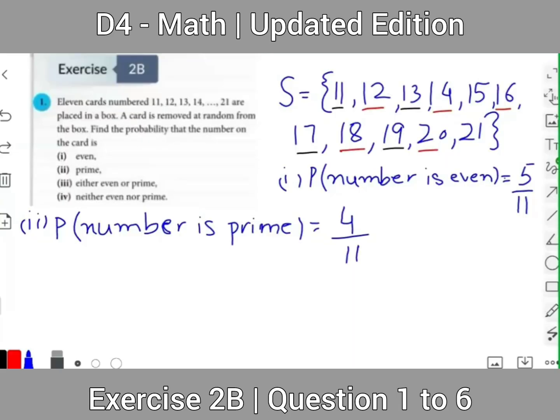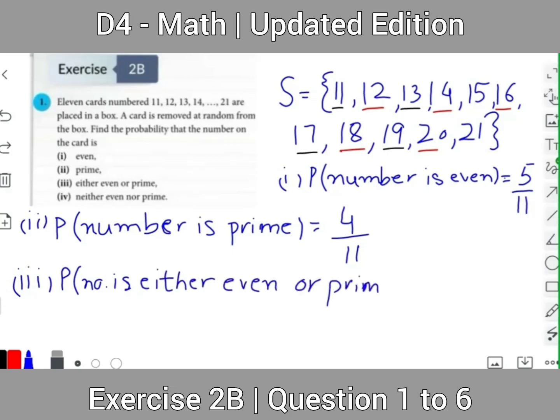Now in part 3, we have to find out the probability that the number is either even or prime.